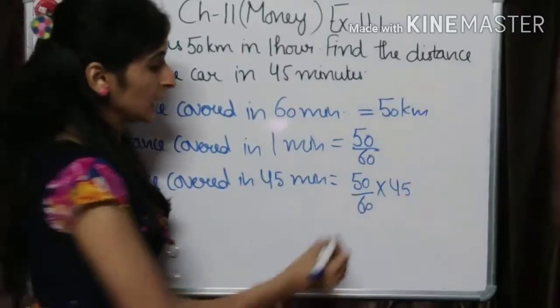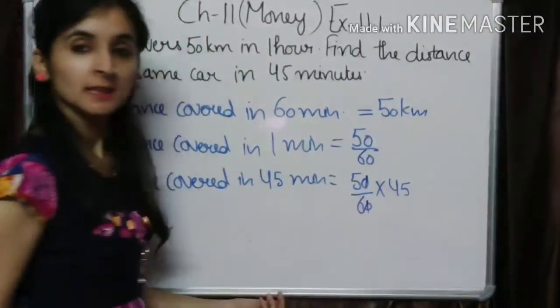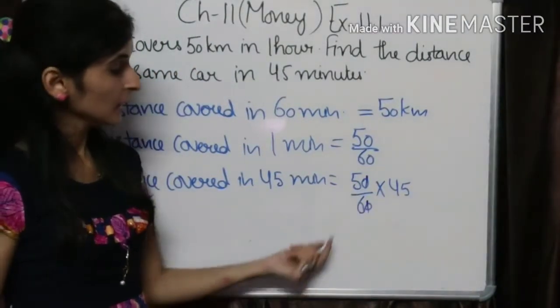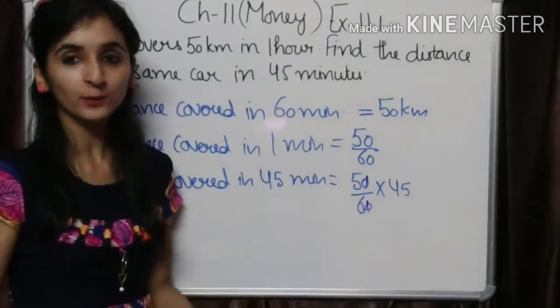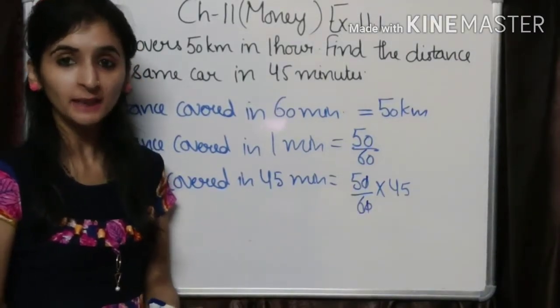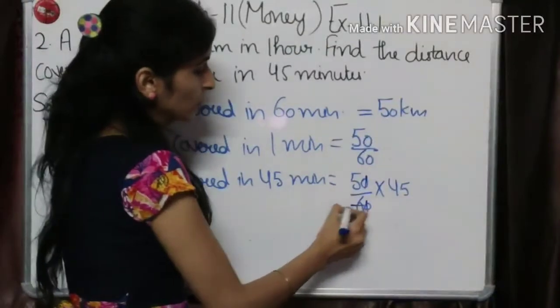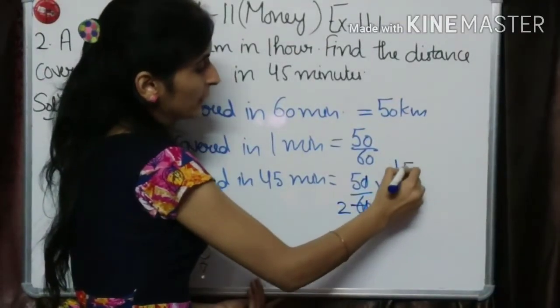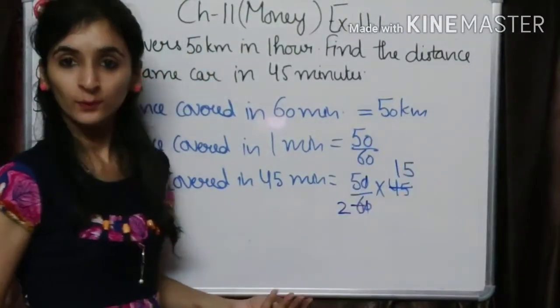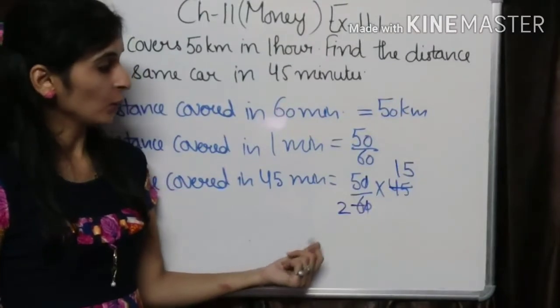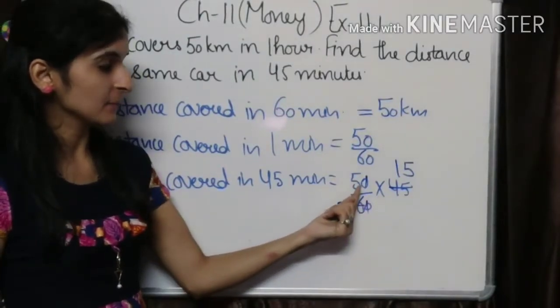Now we can cut this 0 by this 0. Now this 6 and 45 both are divisible by 3. 3 2s are 6 and 3 15s are 45. Now we will multiply the remaining part.